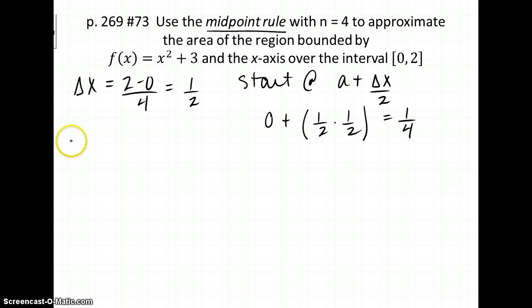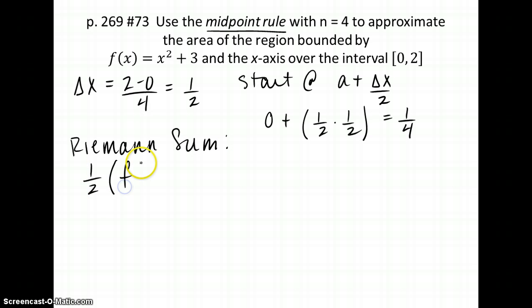To set up the Riemann sum, again just a geometric approximation: delta x times f of 1/4, and then the next value will come from 1/4 plus delta x, because we need to keep the width of the intervals the same. The width doesn't change from 1/2 of a unit.